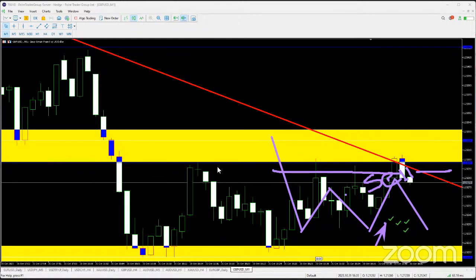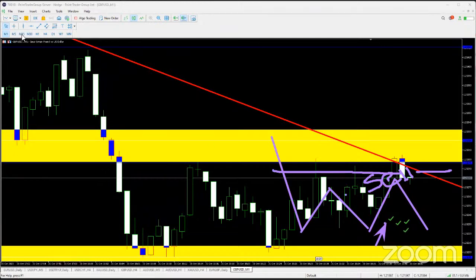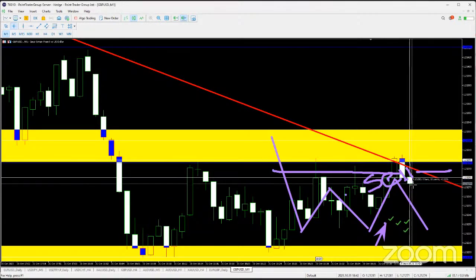So look at this. For the third time, the pair would touch this area. So here, the second, the third. So the opportunity again.